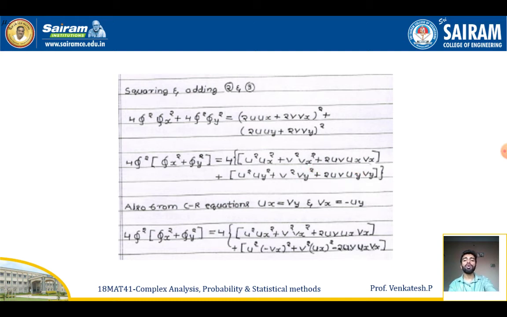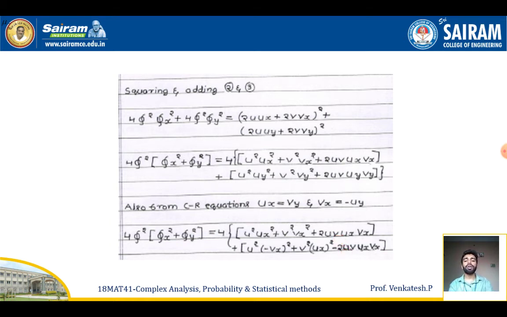So I'll be getting 4 pi square times pi x whole square plus pi y whole square is equal to 4 times u square ux square plus v square vx square plus 2uv ux vx plus u square minus vx whole square plus v square ux square minus 2 times uv into ux vx. So I can cancel 2 times uv ux vx with this term, and also I can cancel the 4.